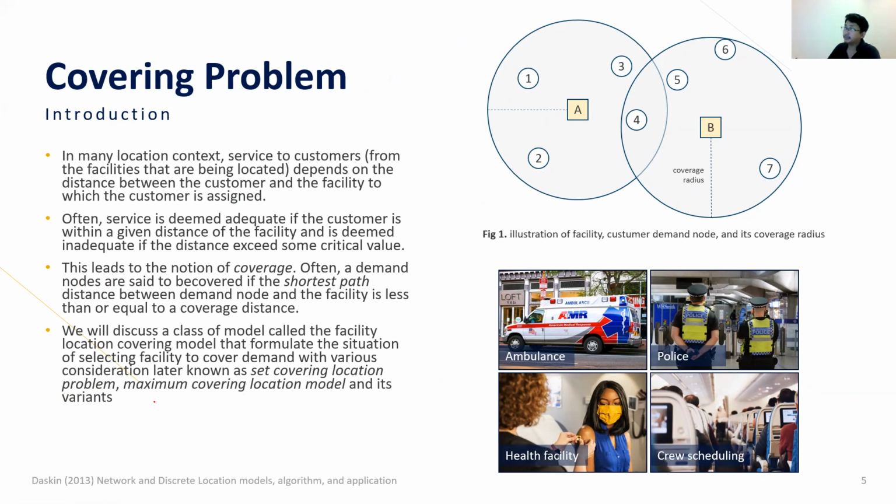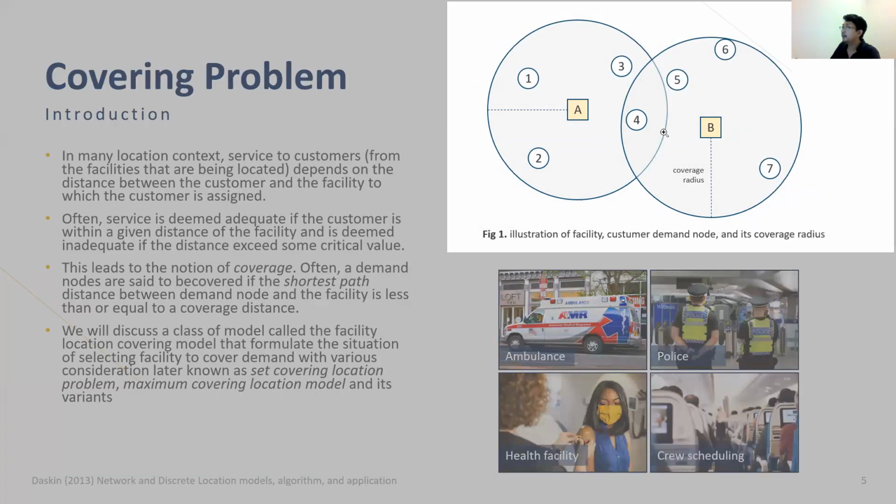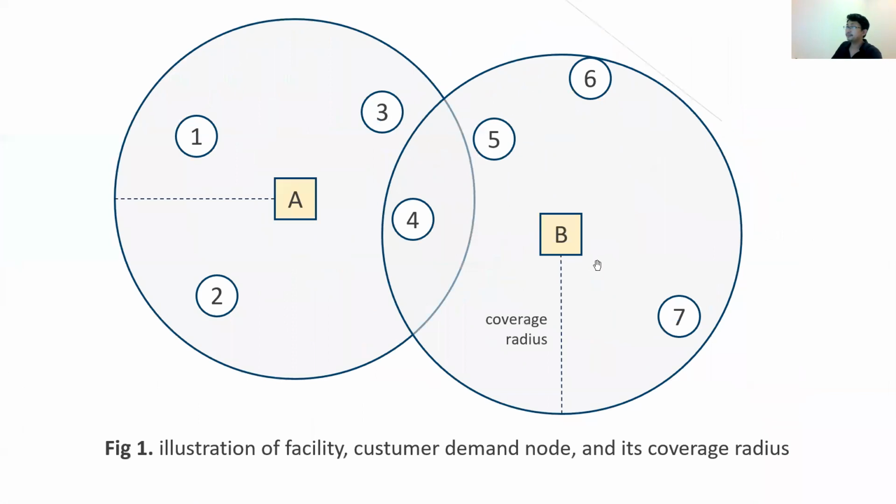In this context you define a facility here. Let me zoom in a little bit. The square with yellow shading here represents the facility, and the circles with gray shading with numbers 1 until 7 represent the customers.